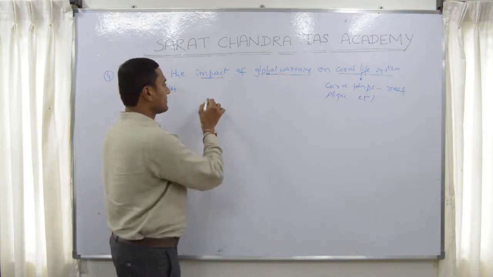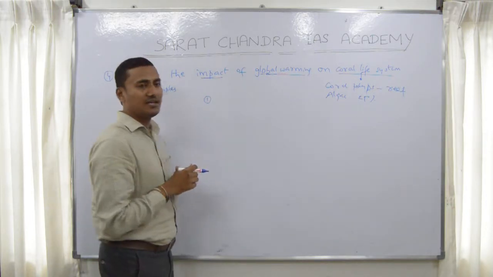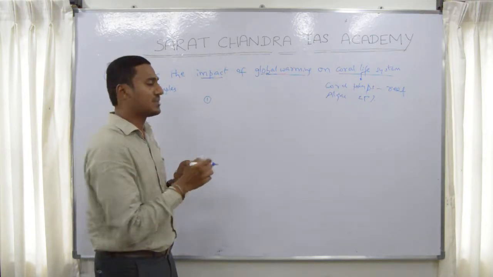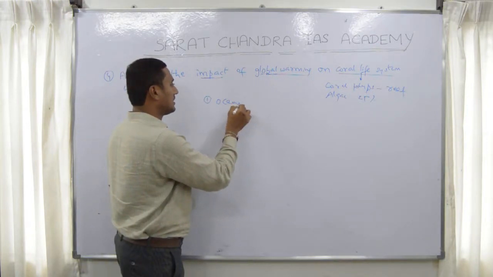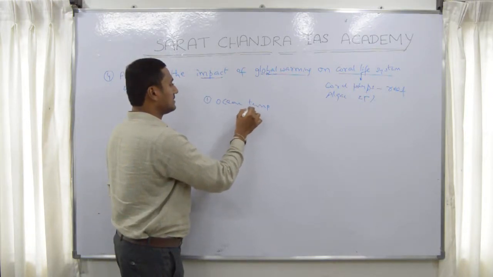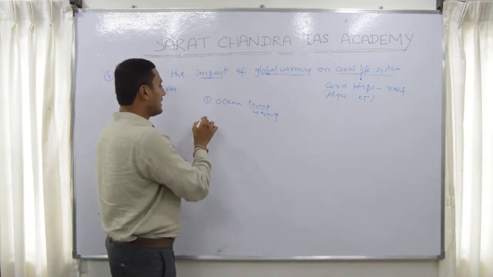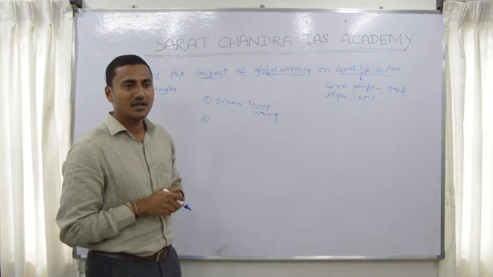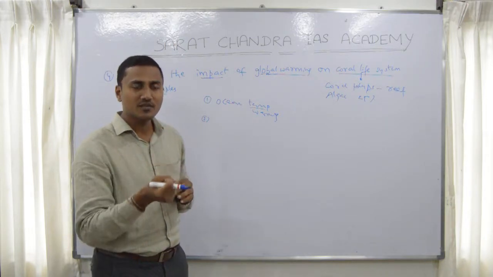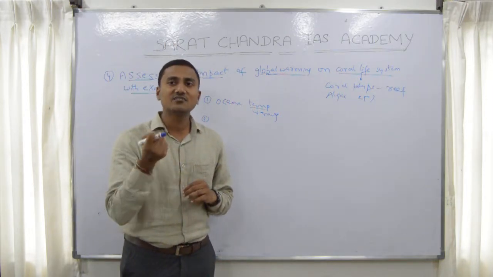You can say global warming leads to an increase in ocean temperature, also called ocean warming. Similarly, greenhouse gases like carbon dioxide are absorbed by the ocean, which leads to acidification of the ocean.